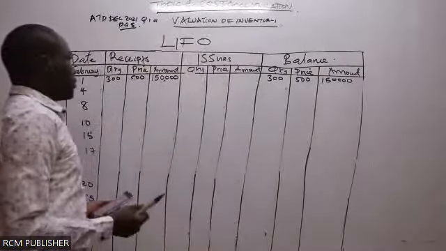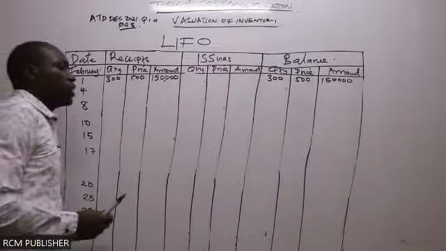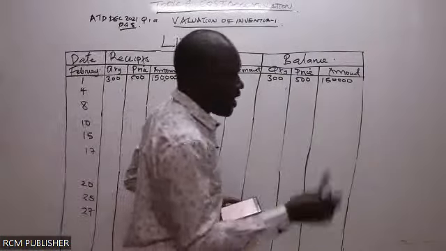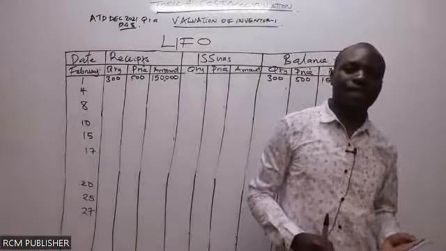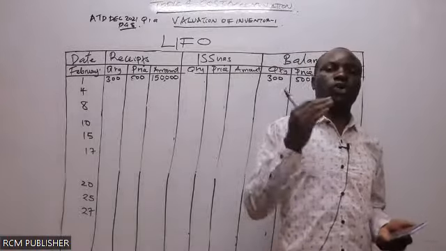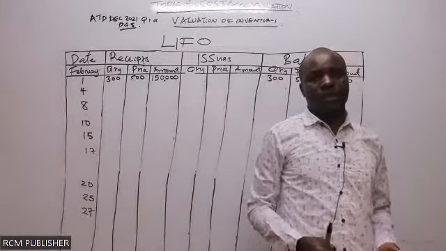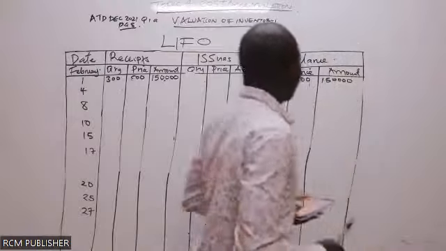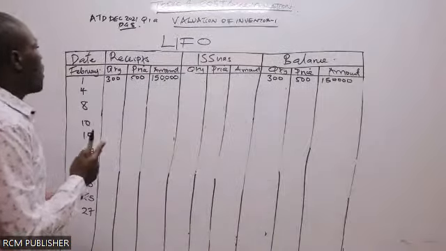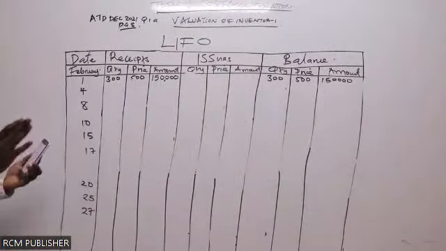Now, if we are going to apply LIFO, it is last in, first out. The ones that have been there in the store are not going to be touched until we finish what was brought in last. If you look at what I have here, my opening stock has not changed.